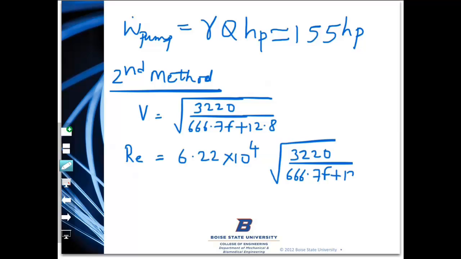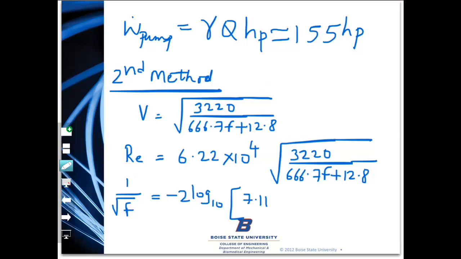666.7 f plus 12.8. Then if you remember, we had the Colebrook formula. I'll write the final simplification here, but I'll let you do this. You can substitute wherever you see the Reynolds number.